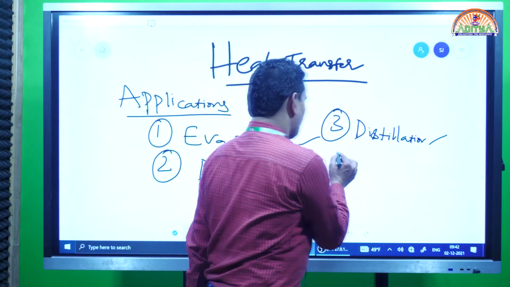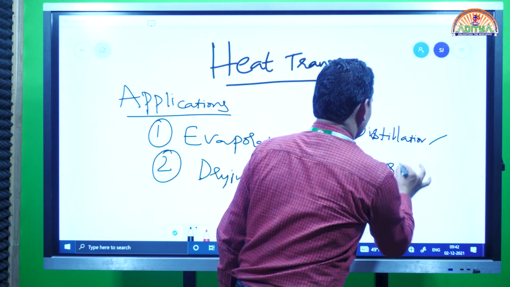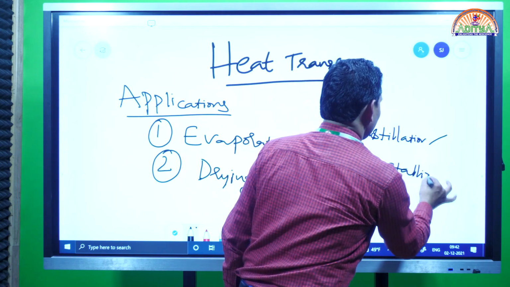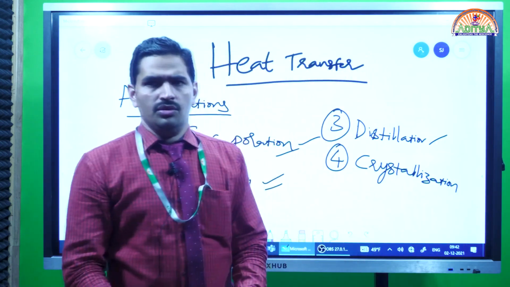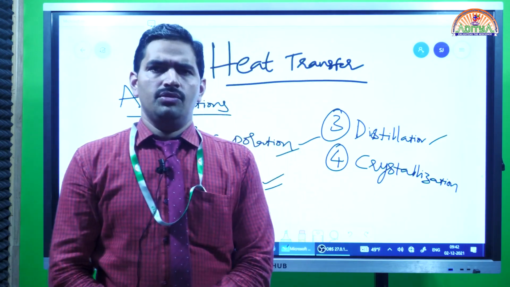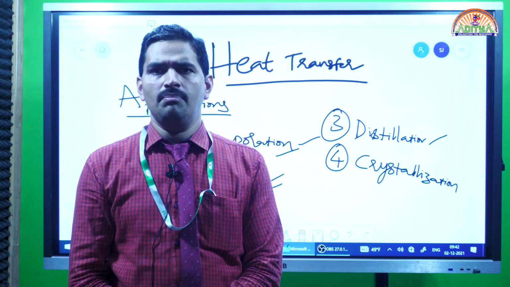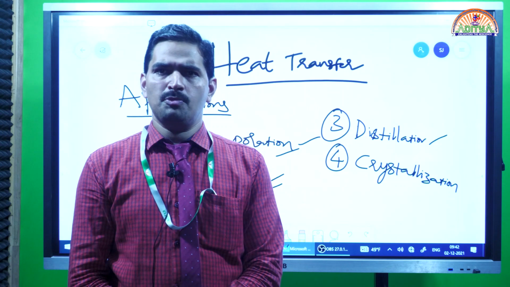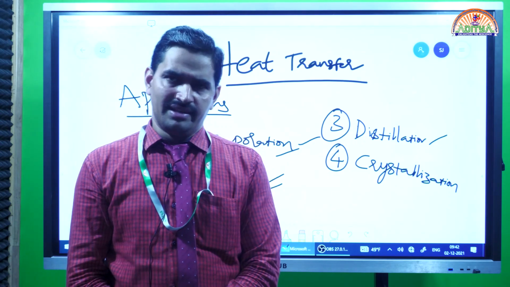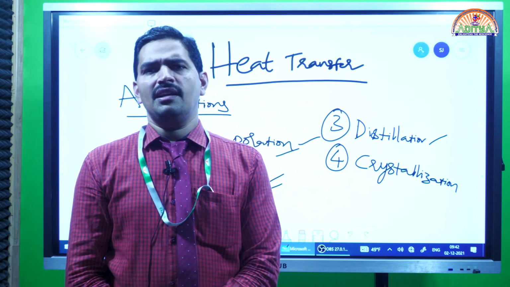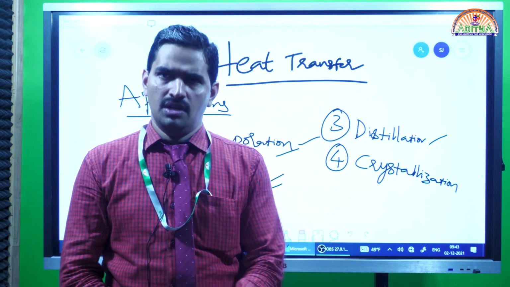Coming to the next one, crystallization. In crystallization, we concentrate the liquid, by which means the solid gets precipitated. The precipitated solid aggregates and forms a crystal. This particular process is used in the synthesis of various kinds of components.